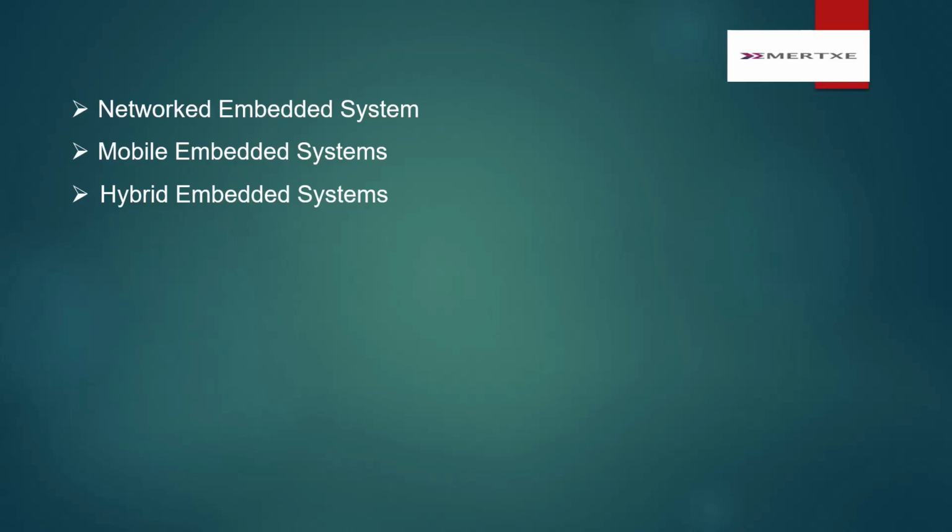And hybrid embedded systems: many different types of embedded systems are configured to perform the function of some application. For example, a robot comes under hybrid embedded systems.